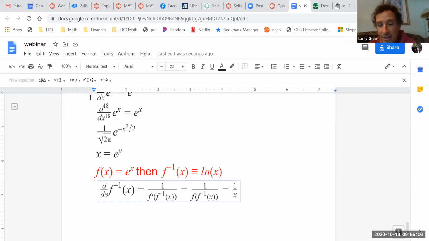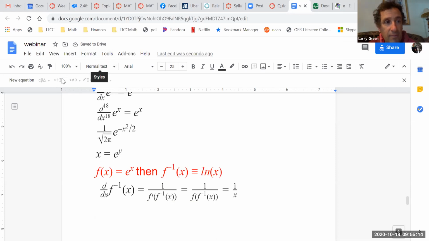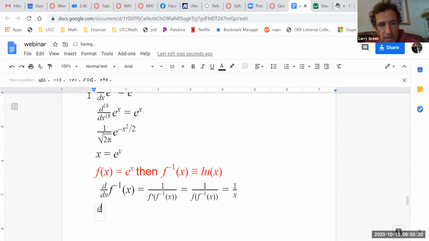So now I can state it as a theorem about logs, about ln. And it's a beautiful one. It says the derivative of the natural log of x equals 1 over x.